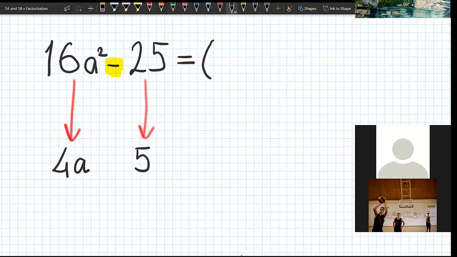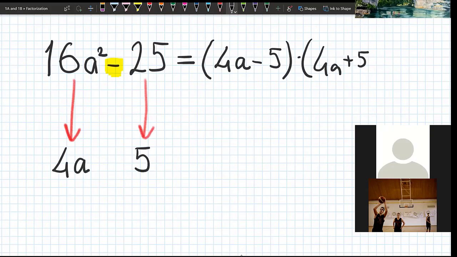I have 4a and 5. So if we are writing in this form, first term plus or minus second term, then for the first factor we have used a negative sign there. The second one will be plus. So the factorized form of 16a squared minus 25 is this.